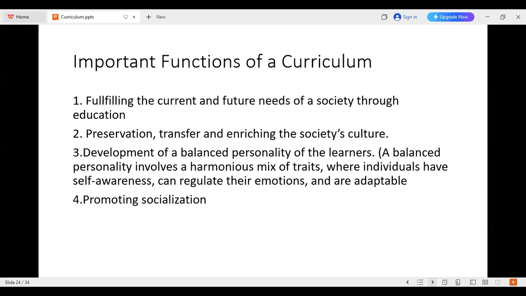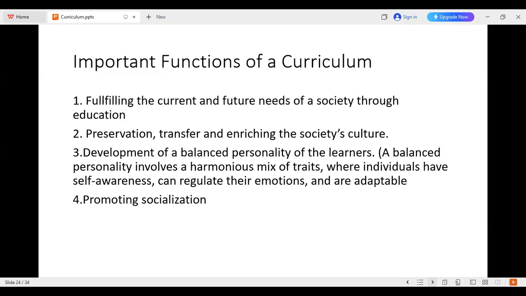The society is a complicated society. We should give education to fulfill the current and future needs of a society. Therefore, we can't think only of the current issues and problems when we develop a curriculum.